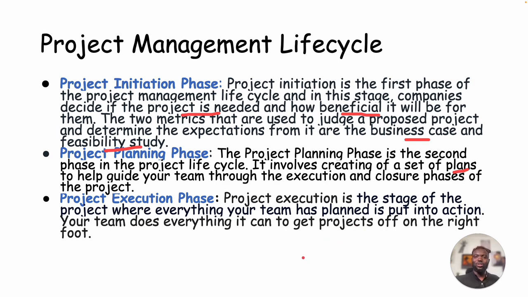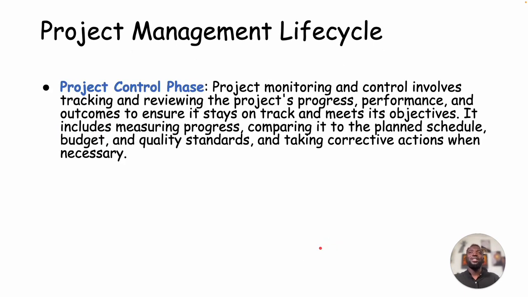So the action, the team does everything to implement the project. Control phase, as I said, monitoring and control. You're reviewing the progress, you're forecasting, you're comparing variances, you're making sure quality is right. More importantly, you're taking corrective actions where needed and preventative actions as well to prevent issues.